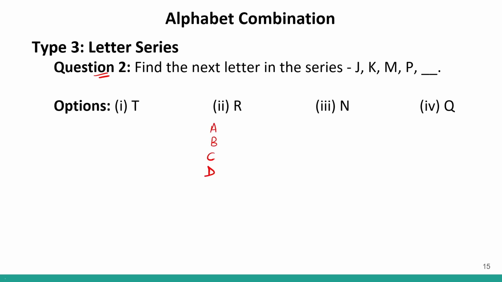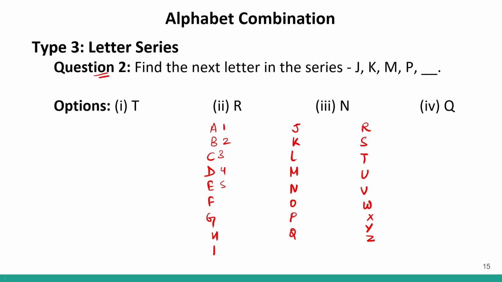A, B, C, D, E, F, G, H, I, J, K, L, M, N, O, P, Q, R, S, T, U, V, W, X, Y and Z. So 1, 2, 3, 4, 5, 6, 7, 8, 9, 10, 11, 12, 13, 14, 15, 16, 17, 18, 19, 20, 21, 22, 23, 24, 25 and 26. So these are your forward ranks.